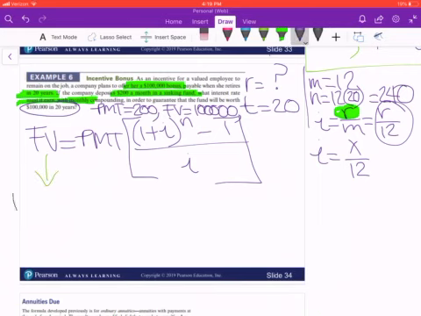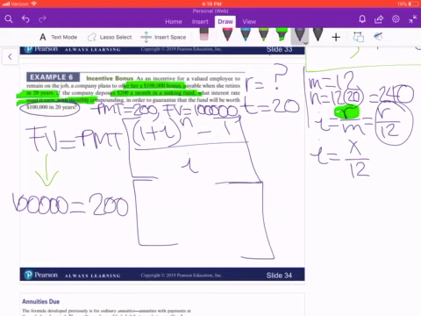We want that to be 100,000. We know the payment is 200. And here we're going to have 1 plus X over 12 instead of I to the power 240.